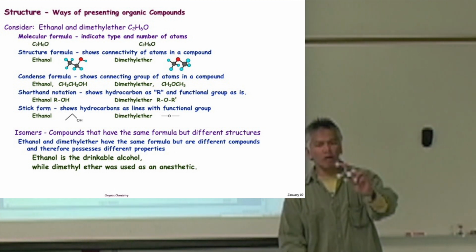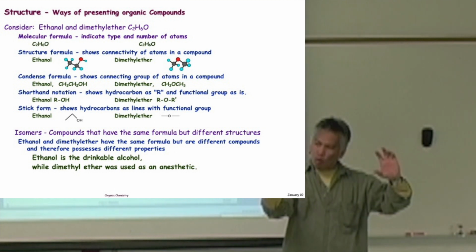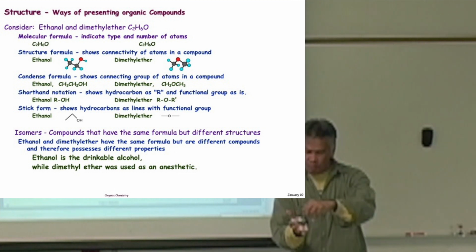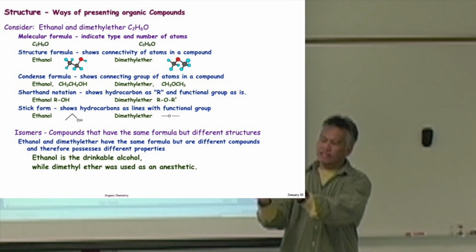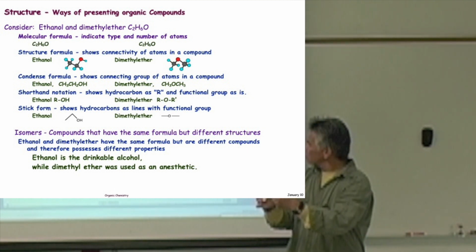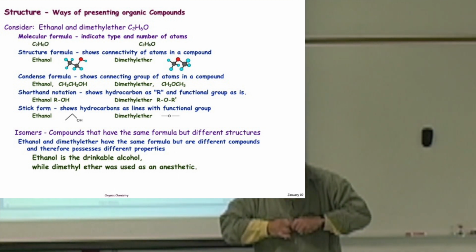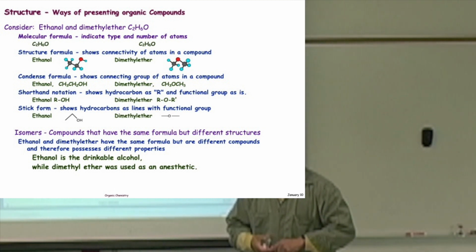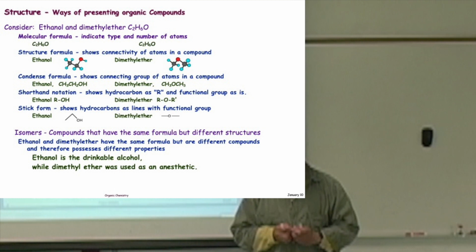But this is one arrangement of those atoms. This is another arrangement of those atoms. You notice this too has 6 hydrogens. 3, no, this is not right, sorry. I messed up, because this has 3 carbons, and I should have only 2. So it's actually this.